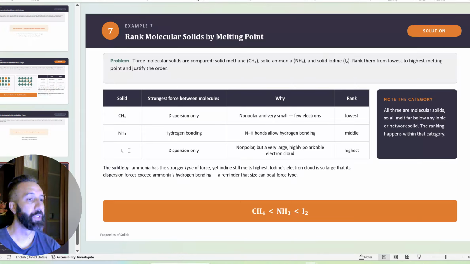It has extremely strong London dispersion forces, often stronger than even hydrogen bonding. Why? Because it's very large and it has a lot of electrons. So the cloud is really able to polarize a lot. So please remember iodine and remember that hydrogen bonds overcome dipole-dipole and overcome London dispersion. But for iodine, that's an exception.